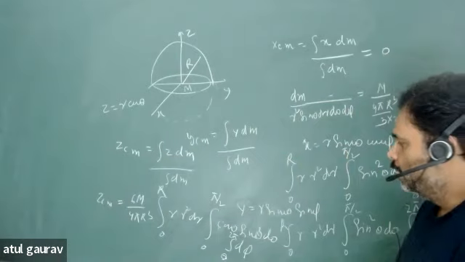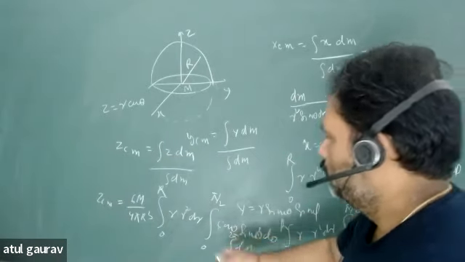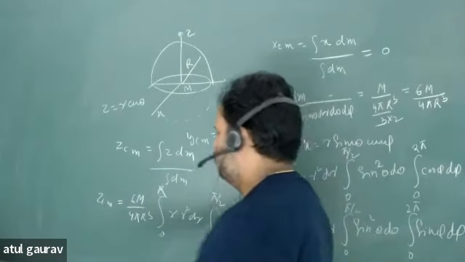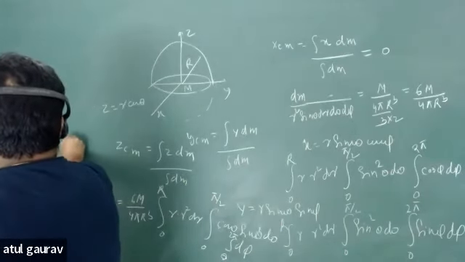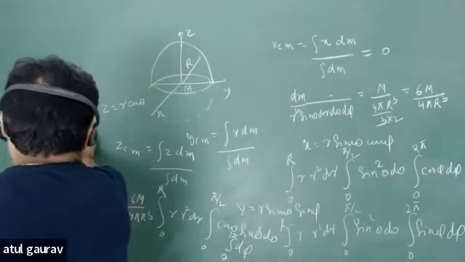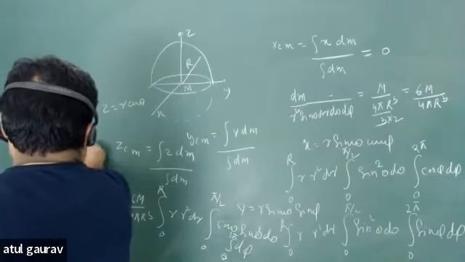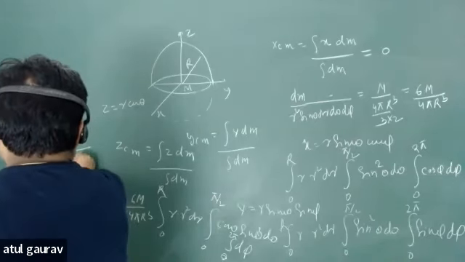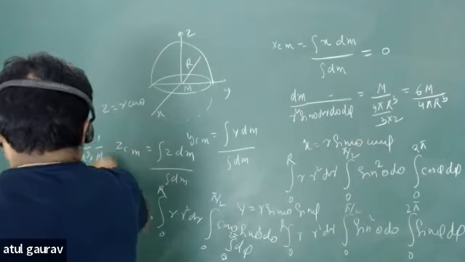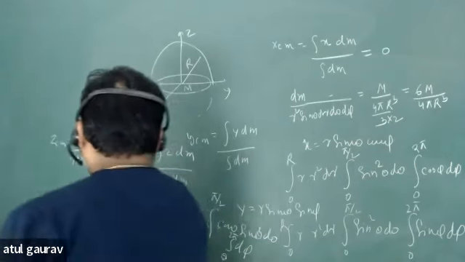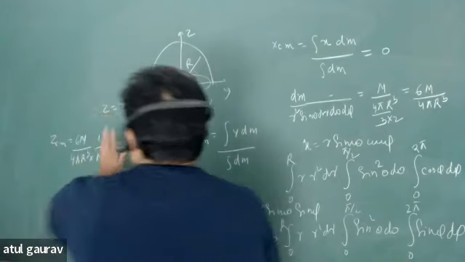Yes, sir. Now you can easily calculate this particular thing. So ZCM is equal to 6m upon 4 pi r cube into 1 upon m. We have to divide it by m here.